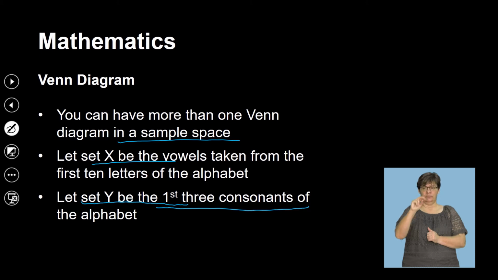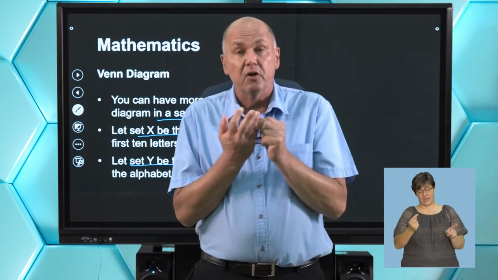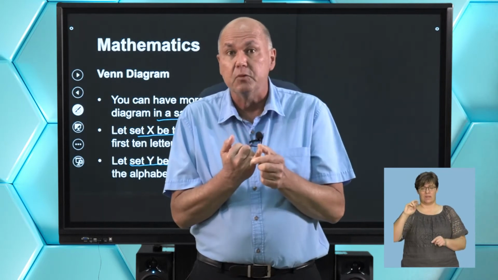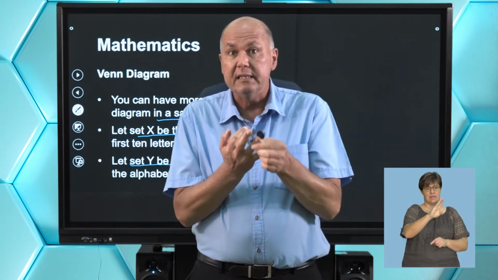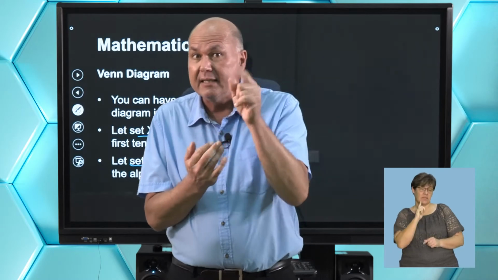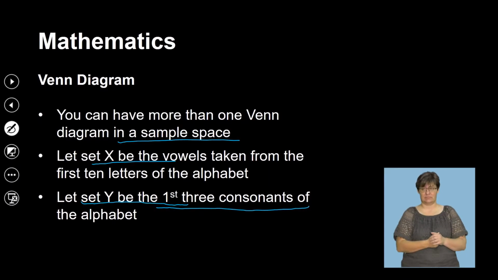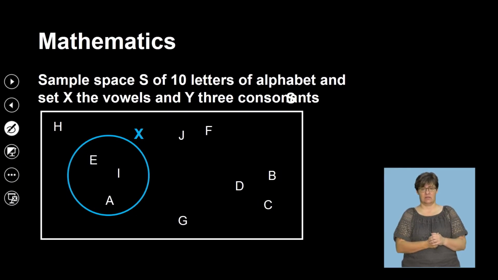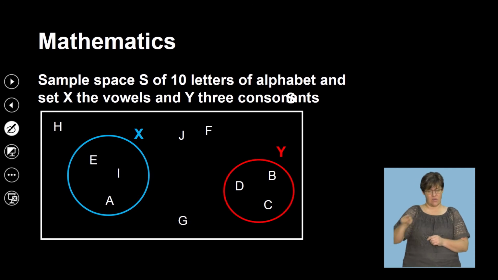Do you remember what the consonants are? Those things that aren't vowels. So the first 3 consonants would be B, C, and D. Let's see if I've got it right in my diagram on the Venn diagram. So there's the Venn diagram, and there we go.